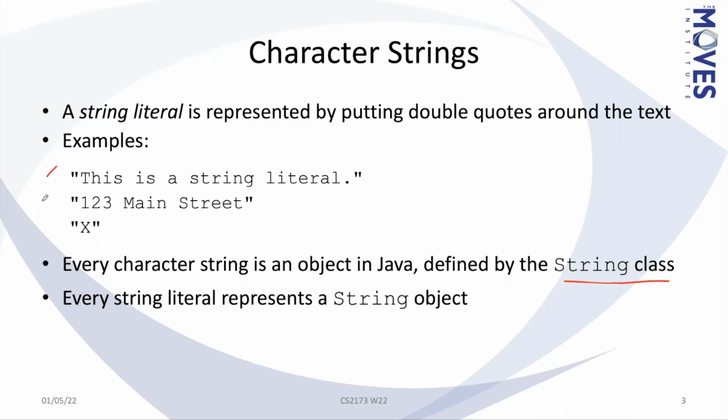So each one of these, this is one of 2 exceptions to how to instantiate an object. So for strings, we can instantiate a string object by simply putting it in quotes like this. So String is a class in Java. These are objects which are of type String.